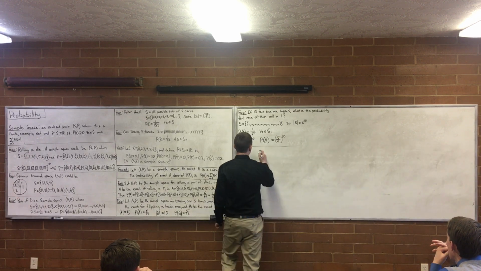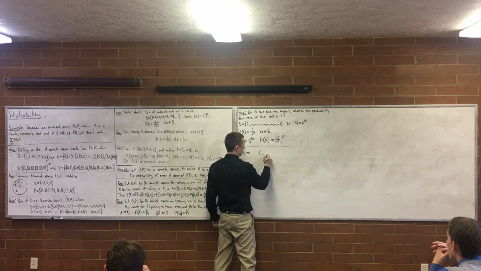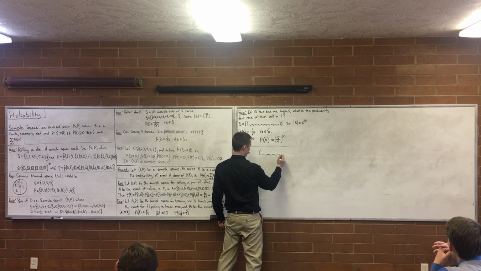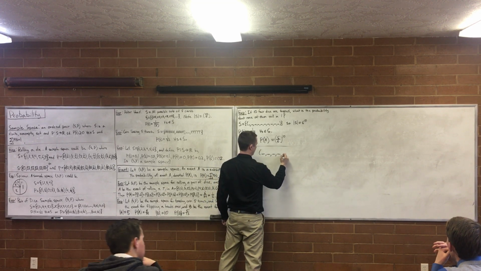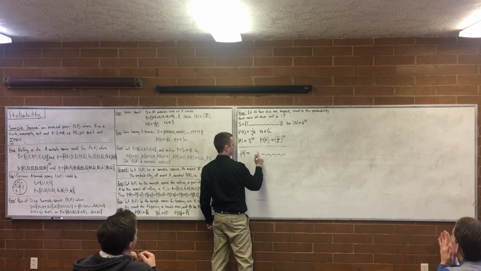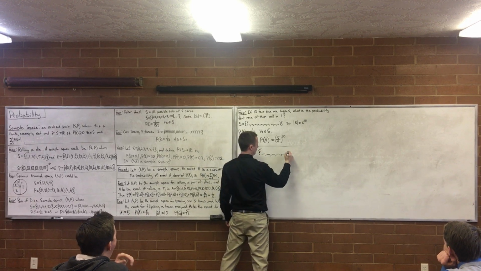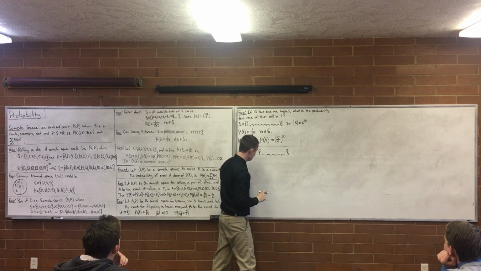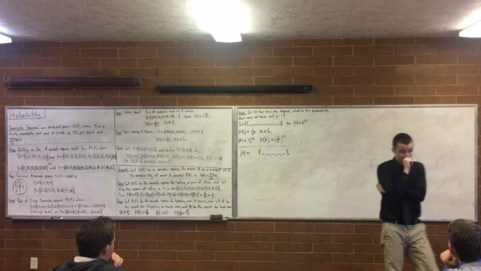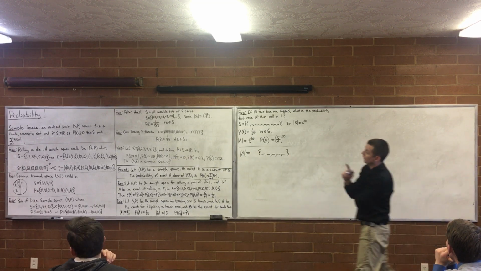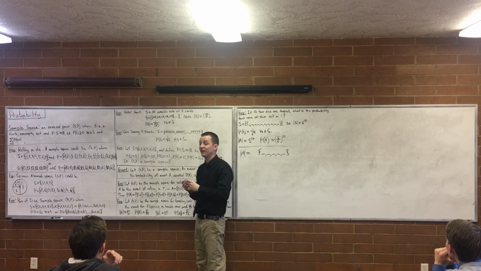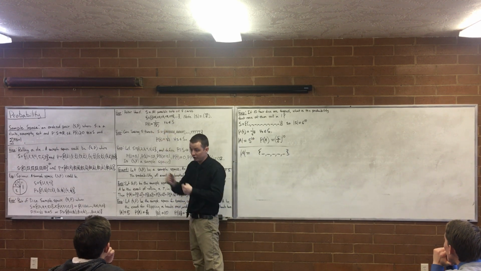So we're talking about getting a hand where 1, 2, 3, 4, 5. I probably should do it as a set because it doesn't matter the order. A poker hand is 5 cards.